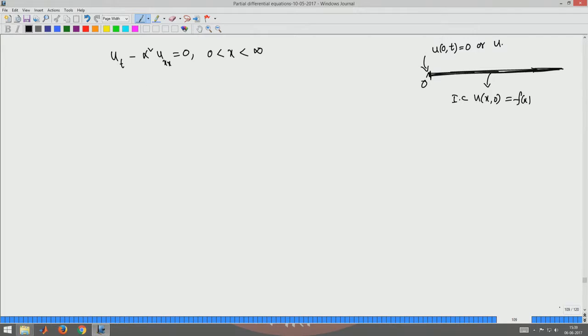Since this is the x axis, the normal derivative has to be 0, because that is the flux going out. So ∂u/∂x at (0, t) equals 0. Either this or this.